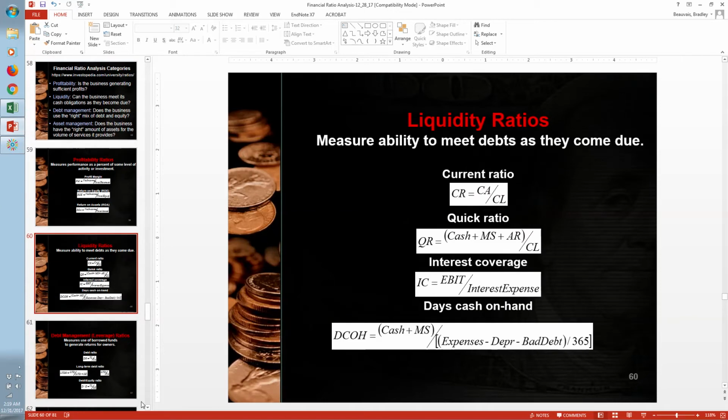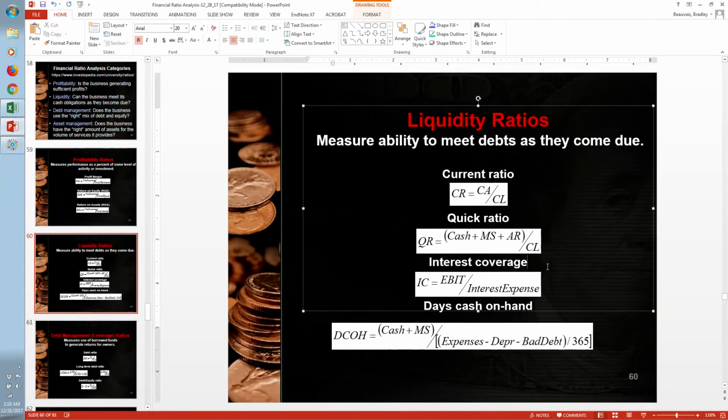Okay, so our liquidity ratios. Some of the more common ones are listed here: the current ratio, the quick ratio, the interest coverage ratio, or what is sometimes called the times interest earned ratio, as well as our days cash on hand.